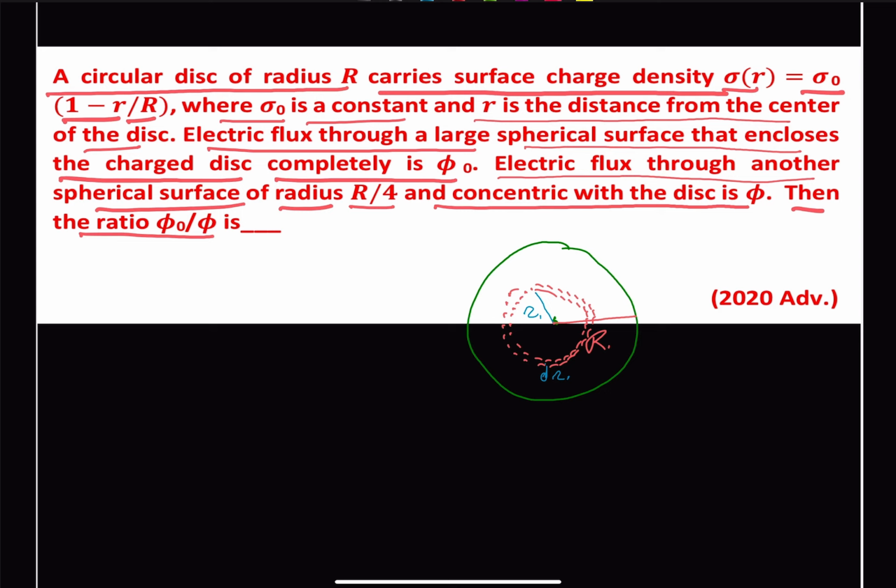So we are given that for the outer disk the density is sigma naught, 1 minus r upon capital R, and the small disk which we consider, that is of thickness dr, the charge on it, let us suppose dq.